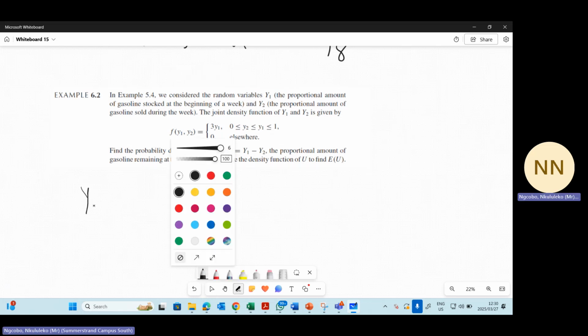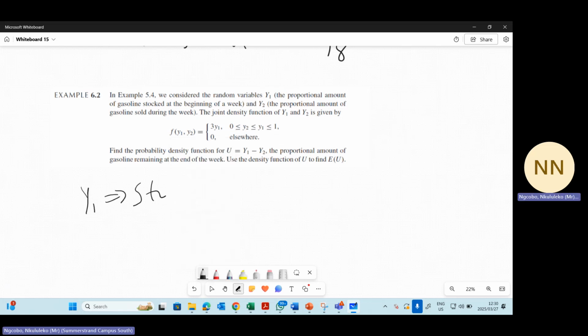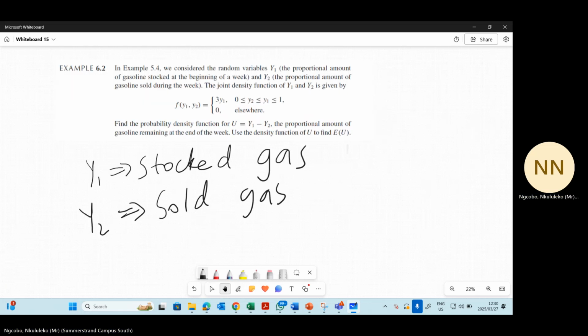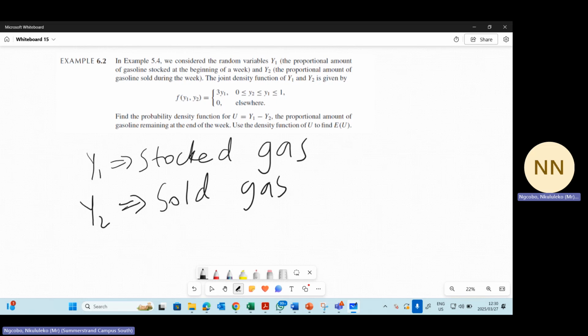So y1 is the stocked gas, Y2 is the sold gas. Now, the joint density function you're given is this.